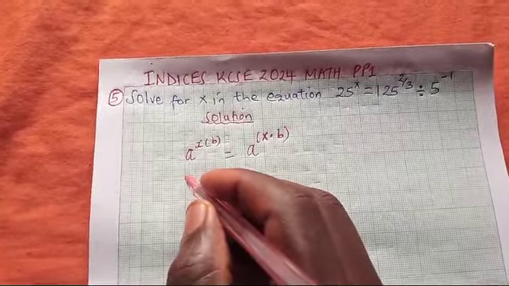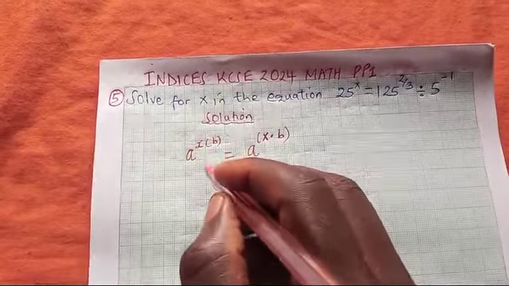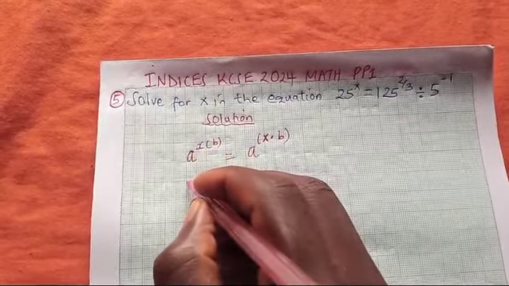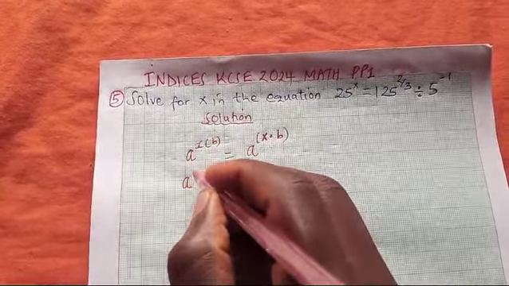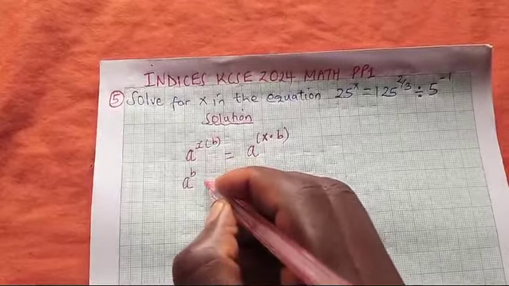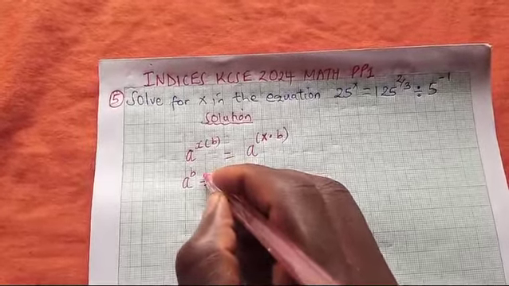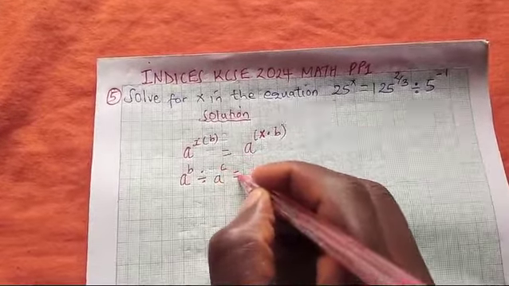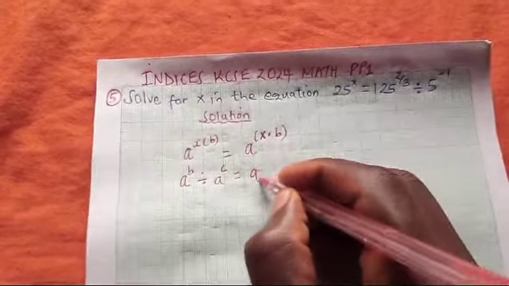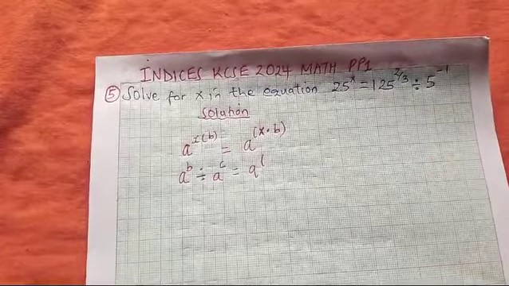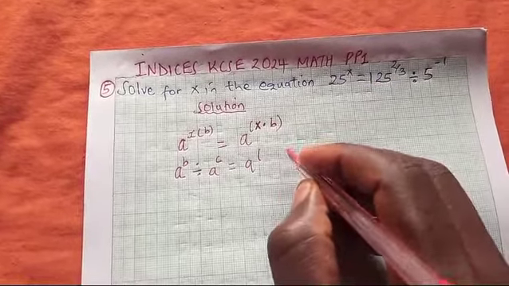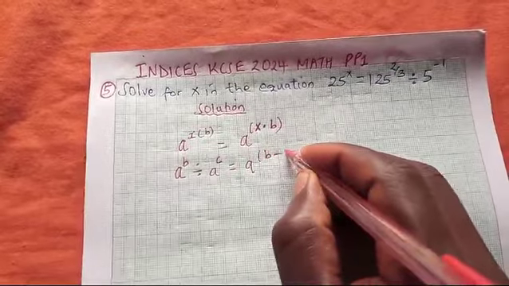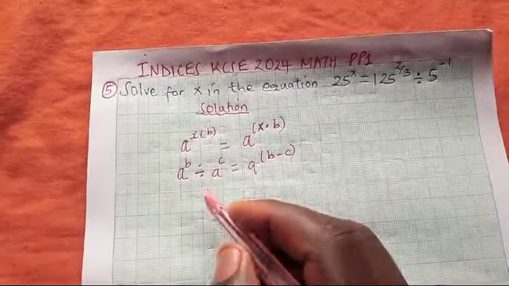Another one that we are going to deal with is a division, where we have a raised to b, we divide this by a raised to c. This is the same as a raised to b minus c.